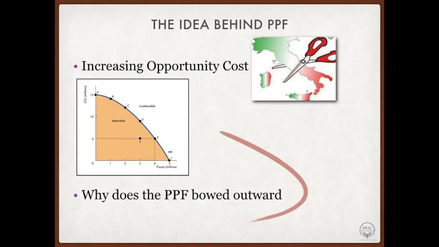Now, given our current resources and technology, we know we can produce more pizzas only if we produce fewer CDs. The opportunity cost of producing an additional pizza is the number of CDs that we must forego or sacrifice.